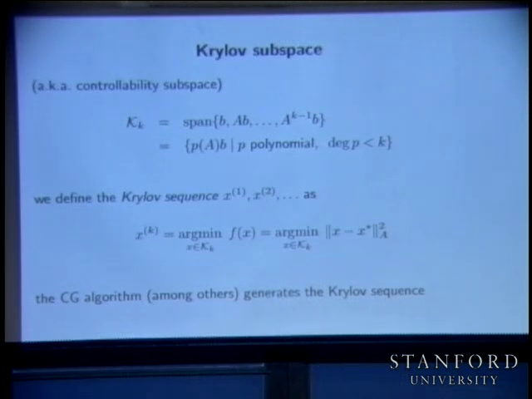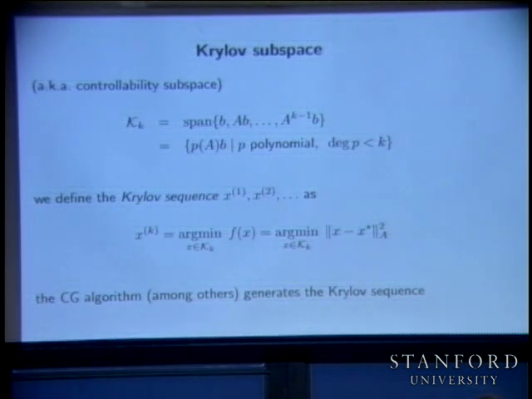Okay. So the Krylov sequence, x1, x2, and so on, is defined this way. It's the minimum of this f of x, that's that quadratic function, over the kth Krylov subspace. So that's called the Krylov sequence for a given A and B, right?